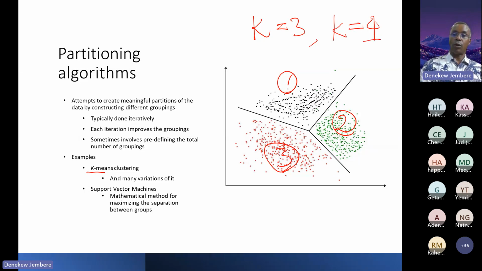This is a value that you play with, the value of K, trying to subdivide your data into multiple groups. And there is a way to know the true value of K. This is called the elbow method.